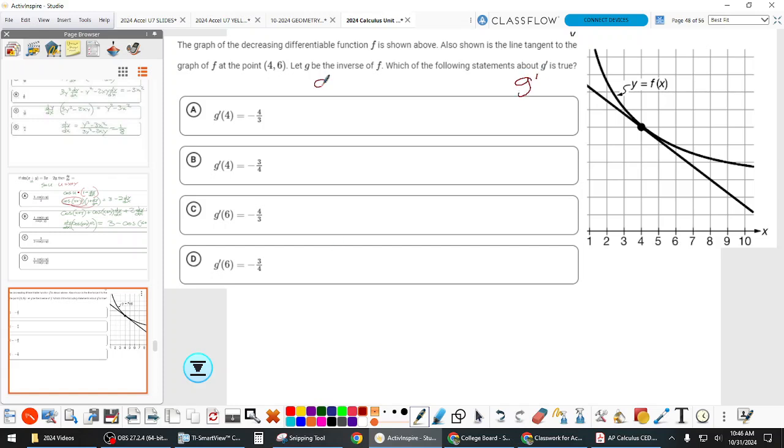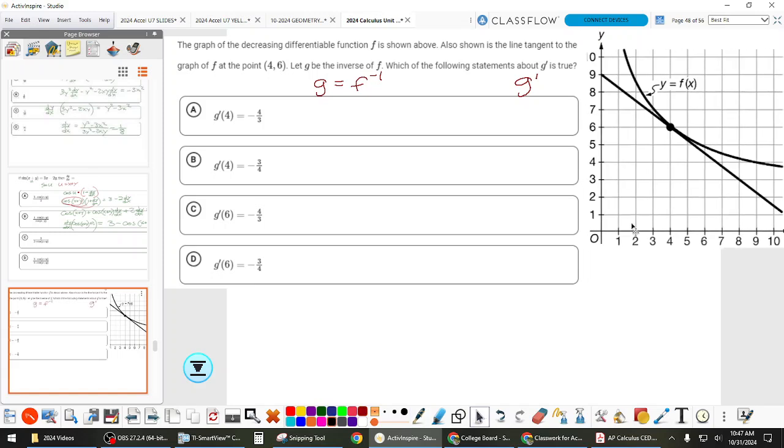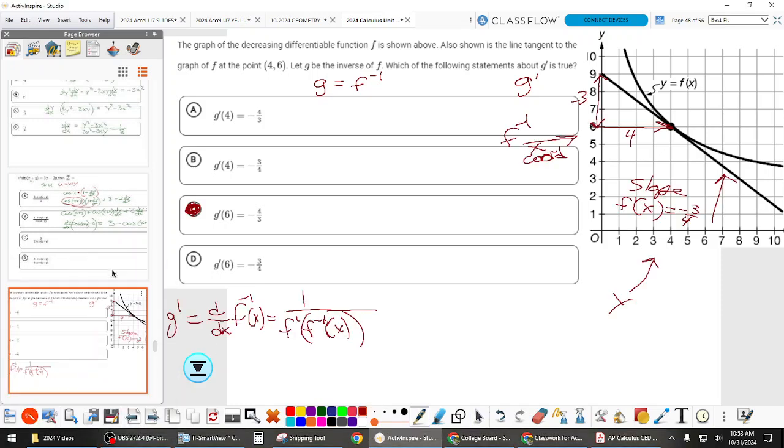And G equals f inverse. Oh, okay, I see. So that one is C. So take the slope of f, take the reciprocal, and flip the input and output.